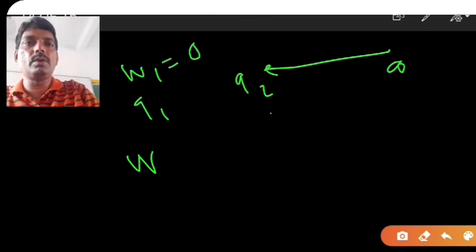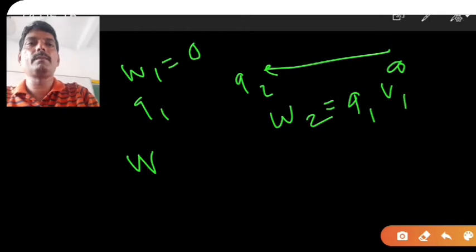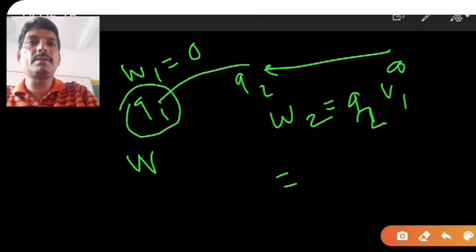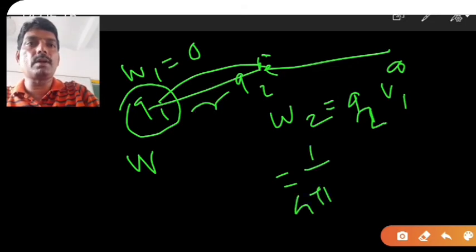Now you are going to do W2. So W2 is equal to Q1 into V1, sorry, Q2 into V1. V1 is the potential due to this Q1 at this point, which is at a distance r. So you will get here 1 upon 4 pi epsilon naught Q1 upon r into this Q2.